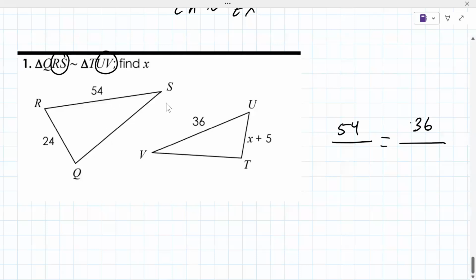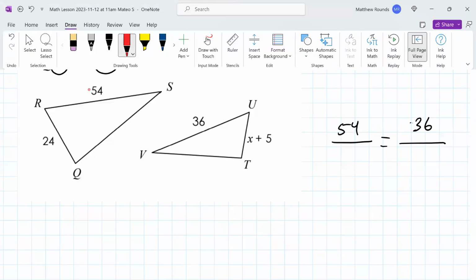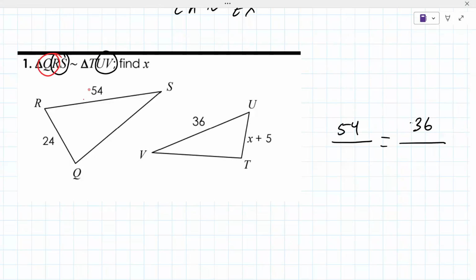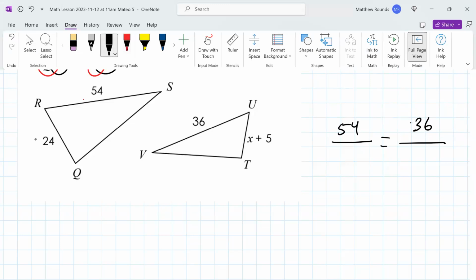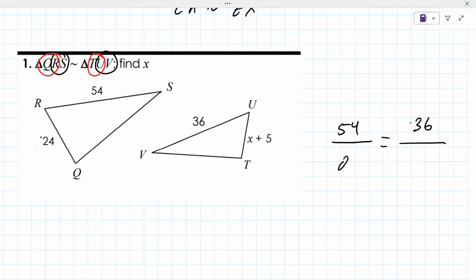But the letter groups that go together have to go in the same position. So R to Q, which is the first two letters, goes with U to T. R to Q is the first triangle, so I'm going to put that underneath the 54 from the first triangle. And then the U to T is the X plus 5 here. Now you could just guess and probably get it right, but you won't in the more complicated ones.